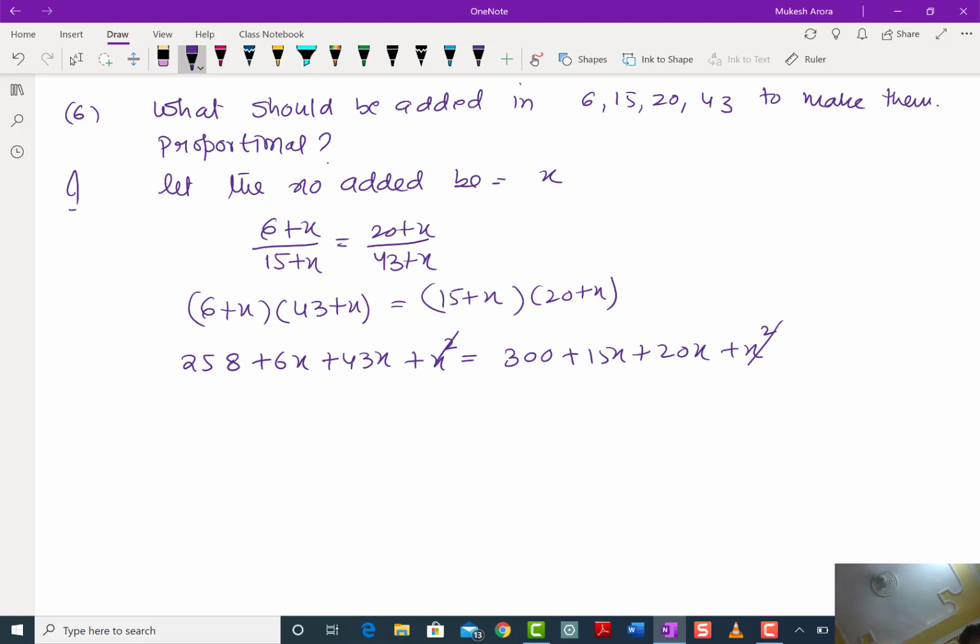X square is cancelled. 49x minus 35x is equal to 300 minus 258. 14x is equal to 42. X is equal to 3. Right? Another sum.